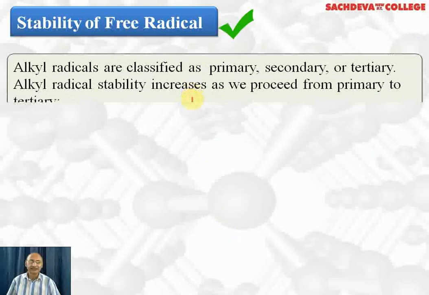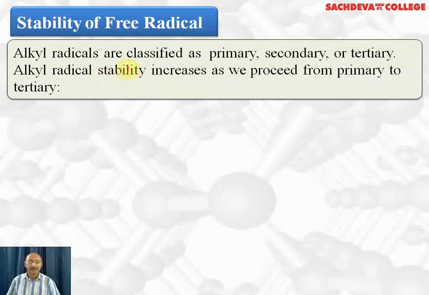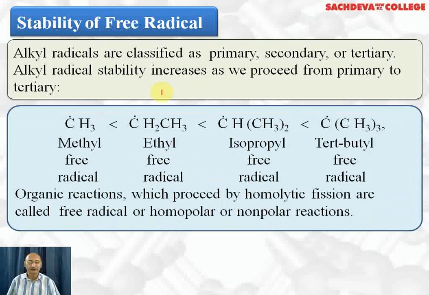Next, we are taking stability of free radicals. Alkyl radicals are classified as primary, secondary, or tertiary, and alkyl radical stability increases as we proceed from primary to tertiary. Methyl free radical is least stable because there is no electron releasing group which can reduce the electron deficiency of this carbon. Ethyl radical is more stable because the methyl group is electron releasing and can reduce the electron deficiency of this carbon.